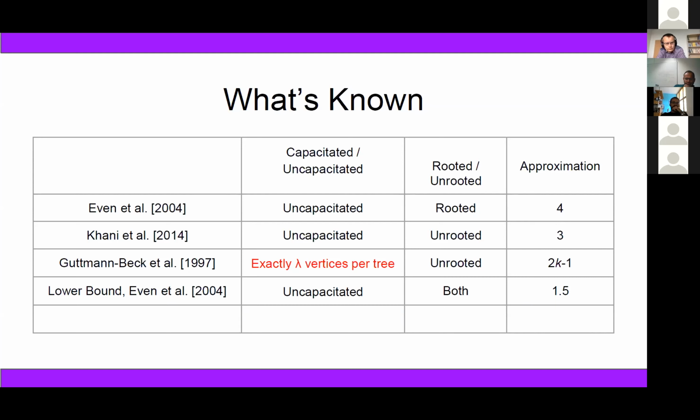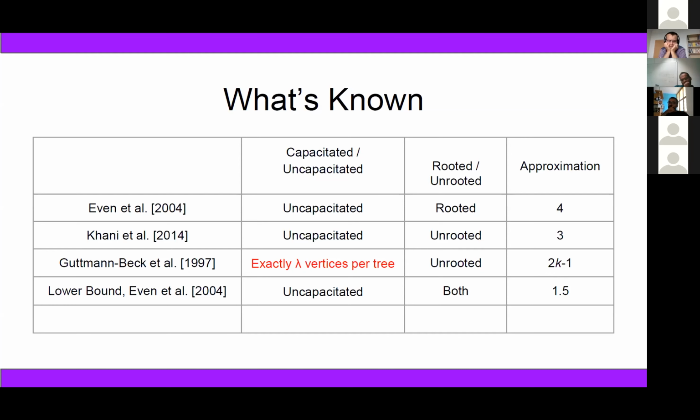However, surprisingly, the capacitated version has not attracted much attention so far. The only known result, to the best of our knowledge, is an old result by Guttmann-Beck and others, and that also for a very special case where they assume that the total number of vertices in the graph is k times lambda, so each tree will have exactly lambda vertices. There they give a 2k minus 1 approximation.